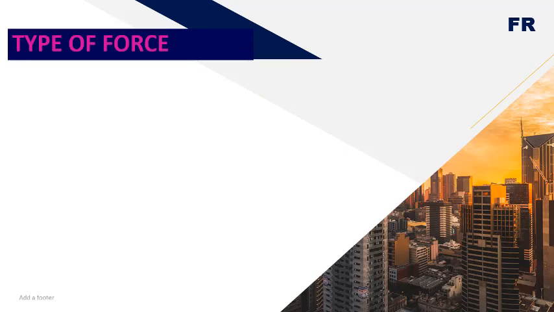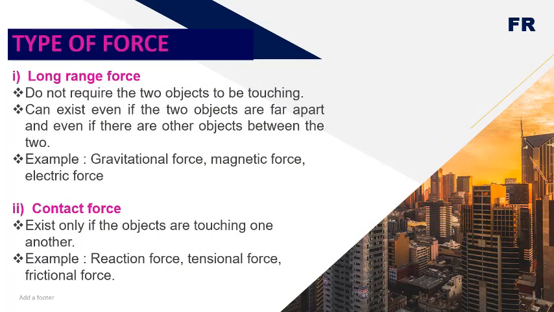Types of forces. There are two main types of forces, the long-range force and the contact force. The long-range force does not require the two objects to be touching, and can exist even if the two objects are far apart or even if there are other objects between the two.